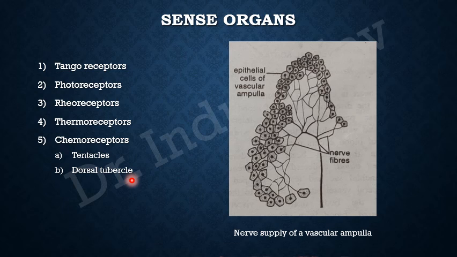Both the channels are continuous at the broad convex dome-like base of the dorsal tubercle. The surface of dorsal tubercle is covered by ciliated columnar epithelium rich in nerve supply. The dorsal tubercle serves to smell and taste the water entering the pharynx, thus functioning both as an olfactory and a gustatory receptor.